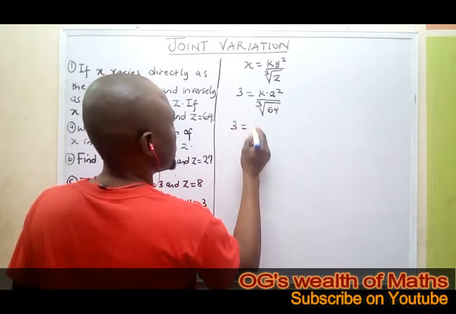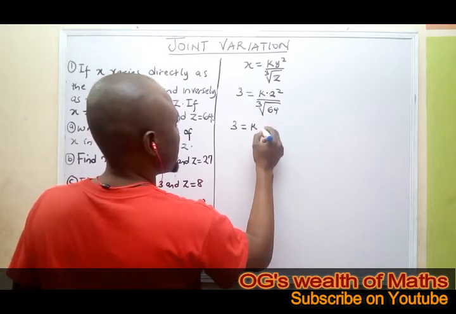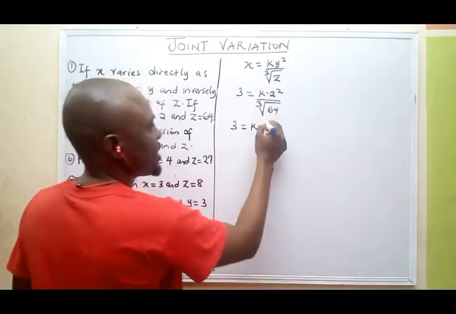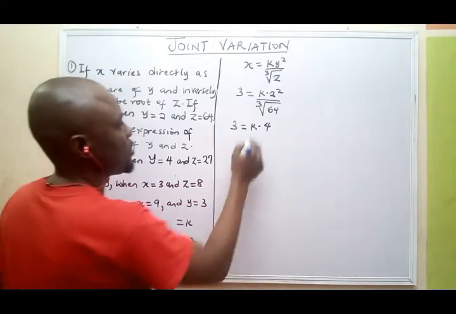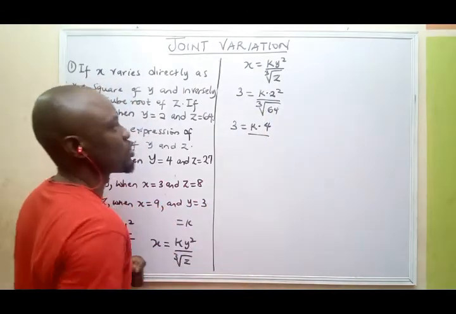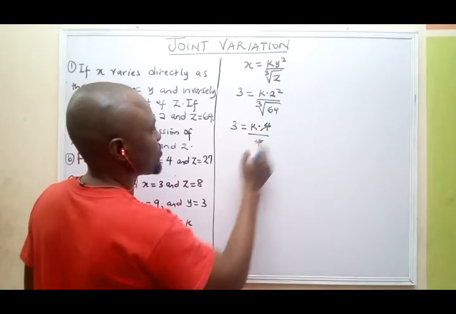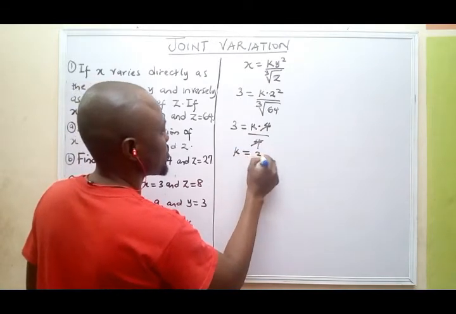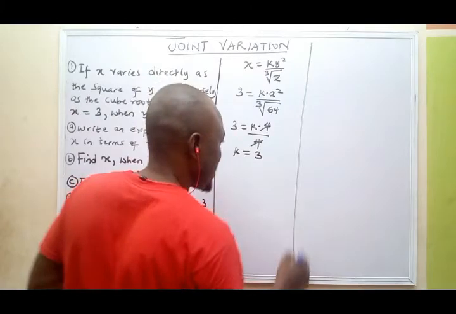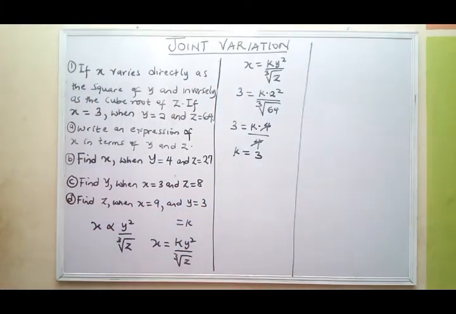So 3 equals k times 2 squared, which is 4, over the cube root of 64, which is also 4. So 4 over 4 cancels, and k is equal to 3. So here my constant k is 3.